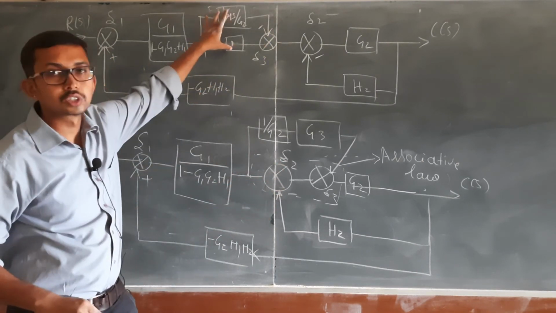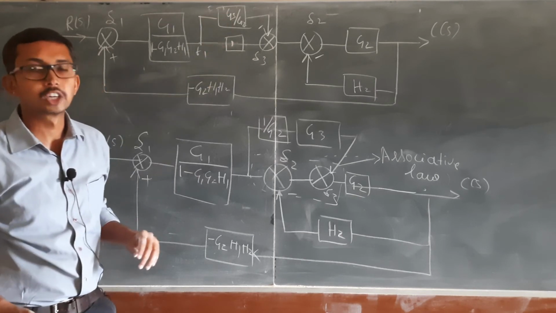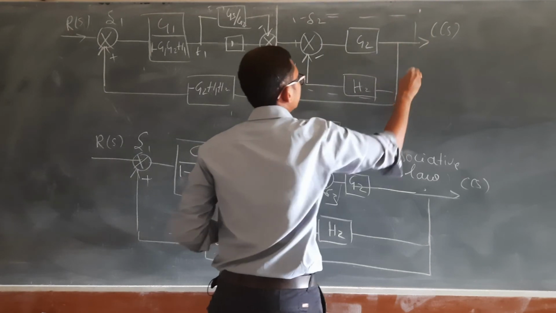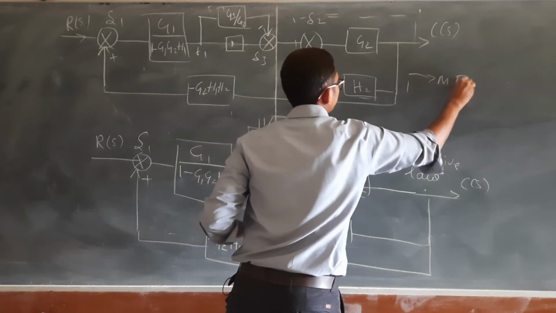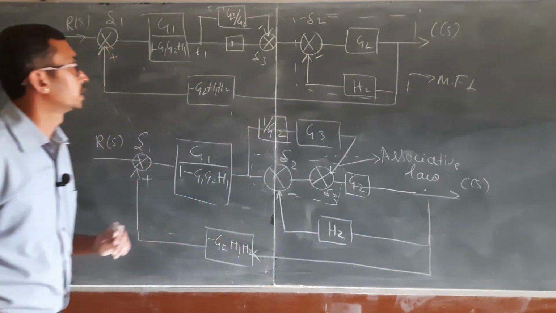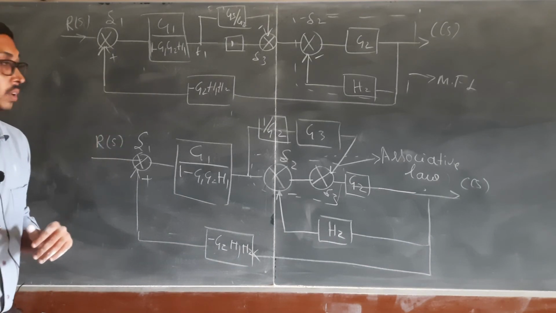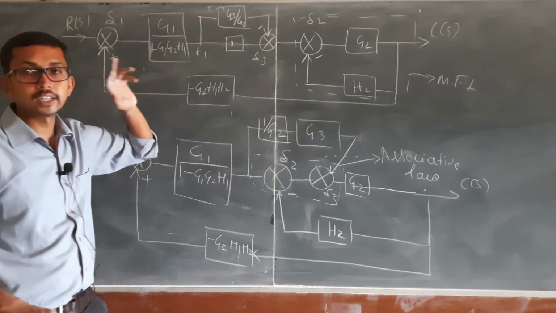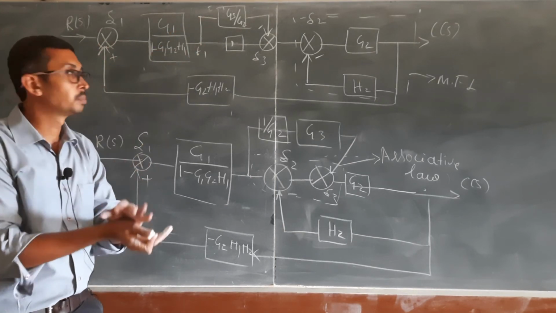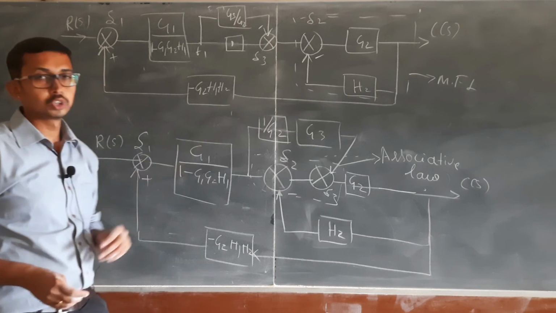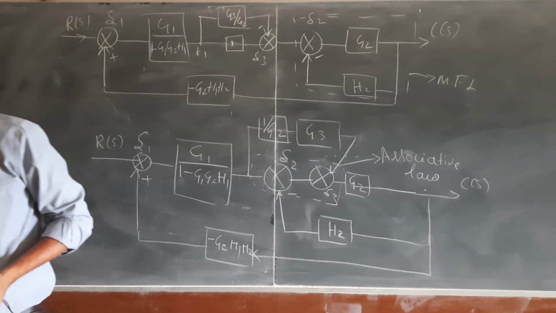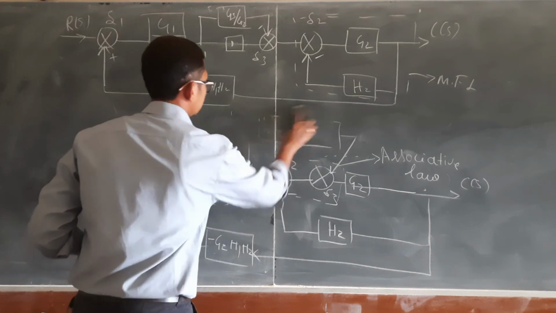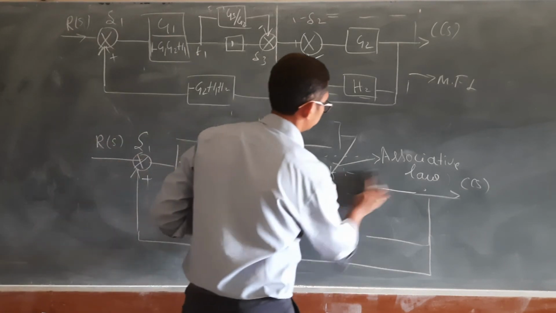These two blocks are in parallel, and we are going to apply that rule. And once again this is a minor feedback loop. I am going to apply two rules. Which are those? These two are in parallel, so we do the algebraic summation, and here I am going to apply the minor feedback loop. I am going to make the changes over here itself, just erasing this.